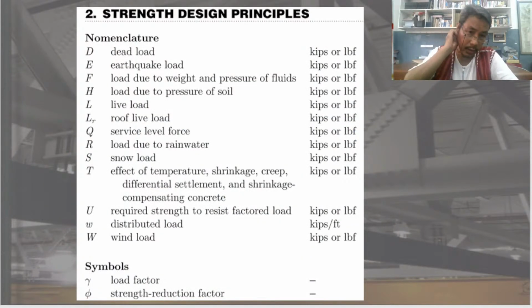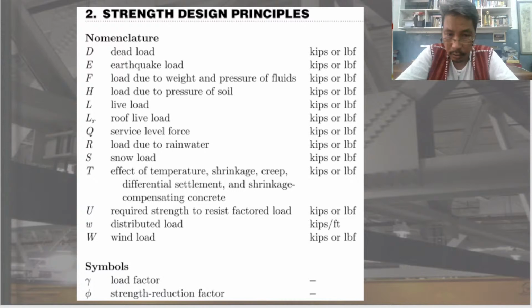So let's talk first about the symbols that we're going to use. There are symbols or nomenclatures that we're going to use. We have letter D for dead load, and that is usually in terms of pound force or kilopound force.